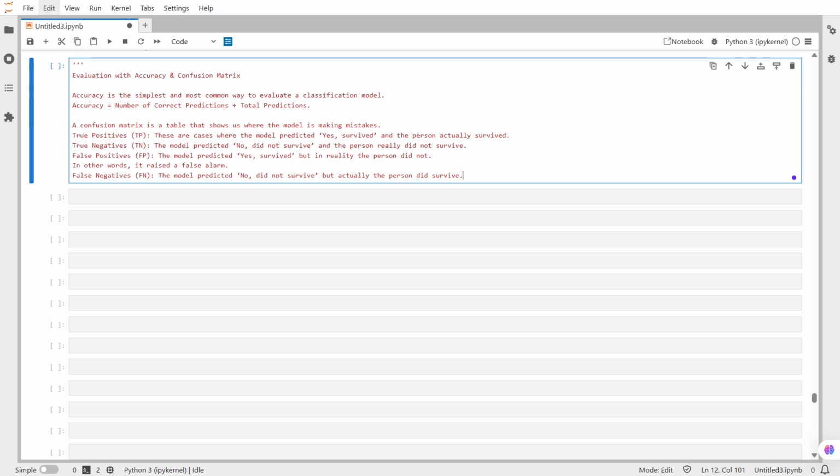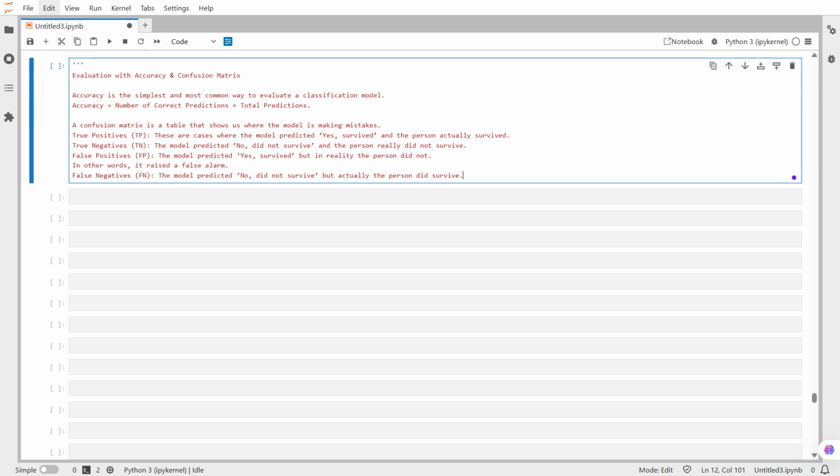Let's first understand accuracy. Accuracy is the simplest and most common way to evaluate a classification model. Accuracy tells us what percentage of predictions the model got correct. The formula is simple: accuracy is equal to the number of correct predictions divided by total predictions.